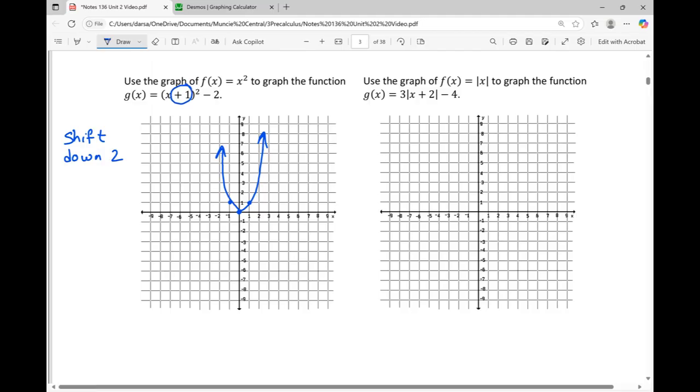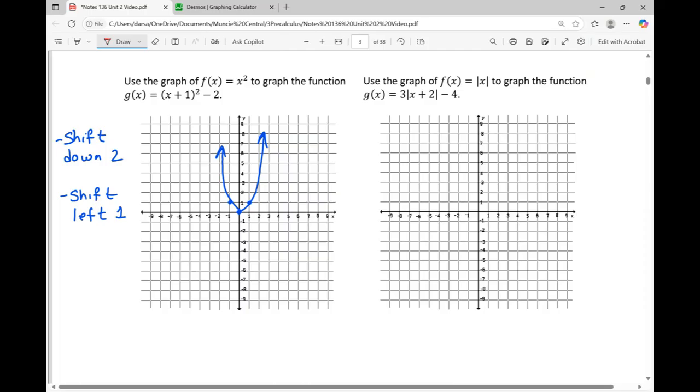Okay, that's our left and right, but remember, insides are backwards and stupid. So this is going to shift the graph left by 1. So this is listing the translations, listing in words what the graph is going to do based on those 2 translations.